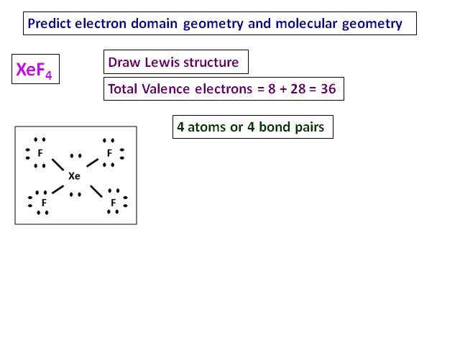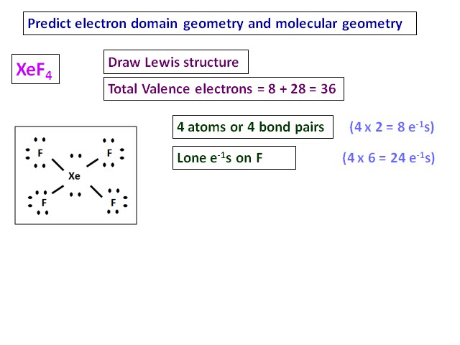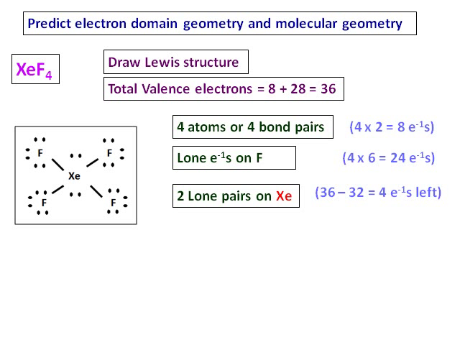So we have 4 bond pairs, and then we have lone electrons on fluorine. If you count all the electrons, we have 8 electrons used up in bonds, and then we have 6 times 4, 24 electrons on fluorine, giving you a total of 32 electrons. So the number of electrons left is 4, 36 minus 32, and hence we have 2 lone pairs on xenon.